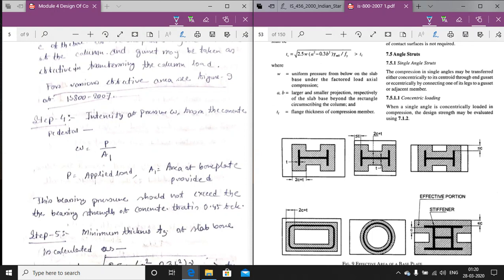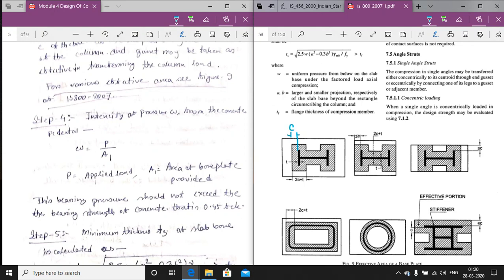For that, an equal projection will be applied beyond the face of the column. If this is the column, this is C here, this is C here, this is the equal projection.